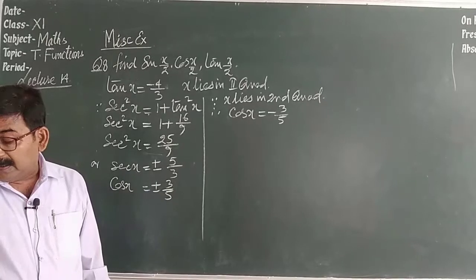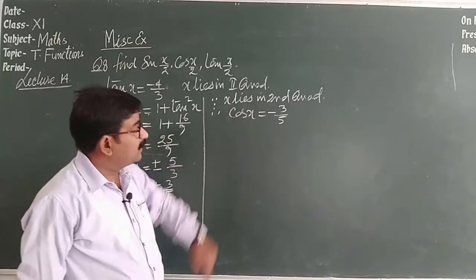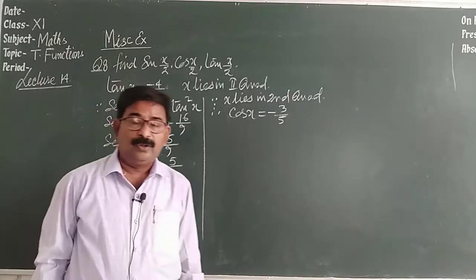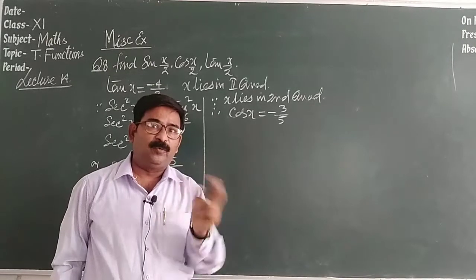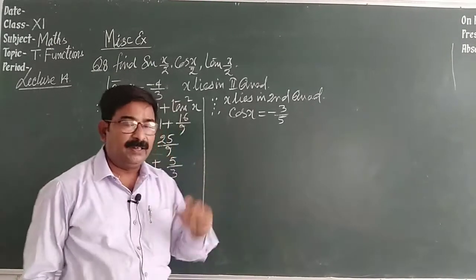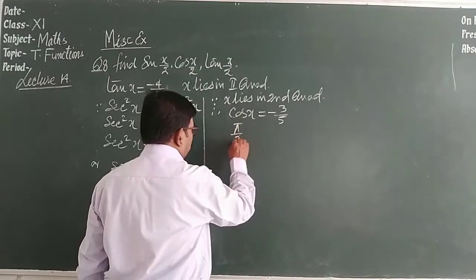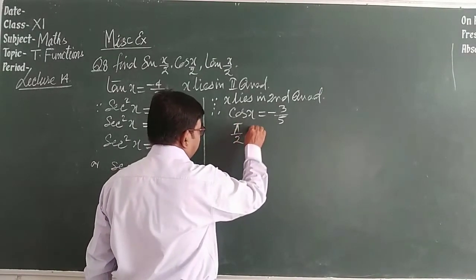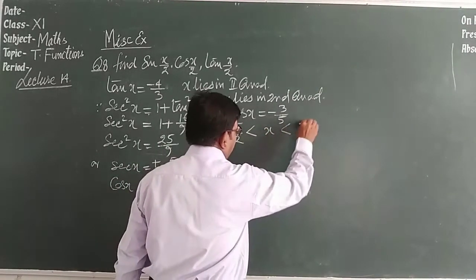So let's see, this angle is lying in second quadrant. So obviously you will know that this is between 90 degree and 180 degree. So can we write like this, pi by 2 is less than x is less than pi.